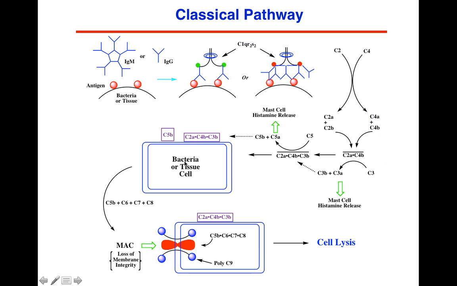So if we look at this in total, if we put this all together, we see binding of the antibodies to the antigen. This is where antibodies are important; this is where antibodies affect the response. Binding of C1q, conversion of C2 and C4 to factors, to C3a and C3b that binds to the surface of the bacterium.